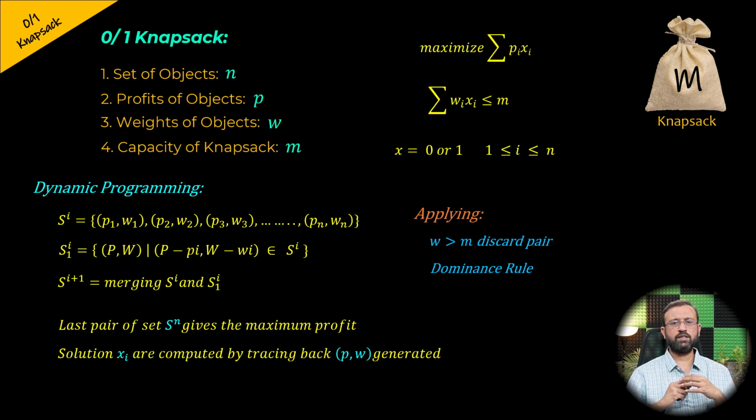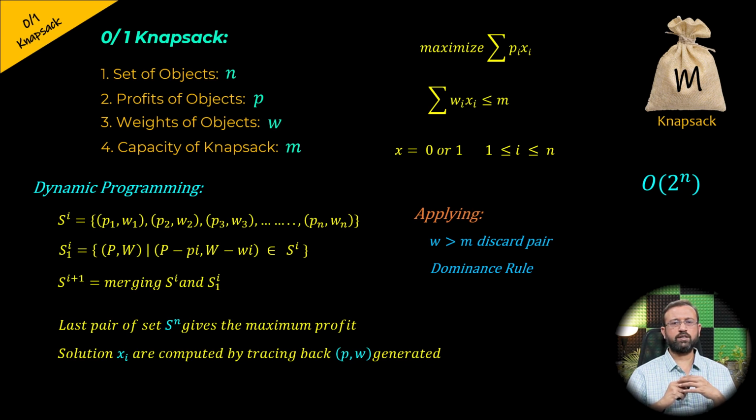Now, since the sets Si contain pairs of profits and weights representing all the possibilities, the time taken to compute the set Si will be 2 power n, where n is the number of objects. Hence, the time complexity is O of 2 power n, or exponential. Now, the time complexity seems to be very large even for small values of n.